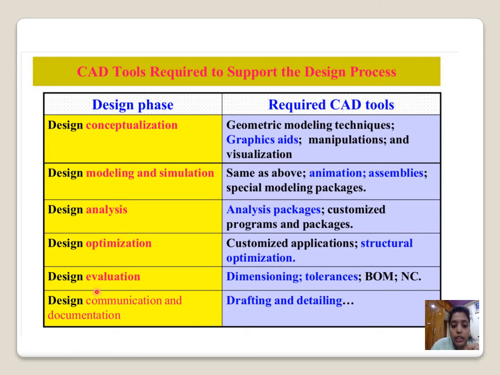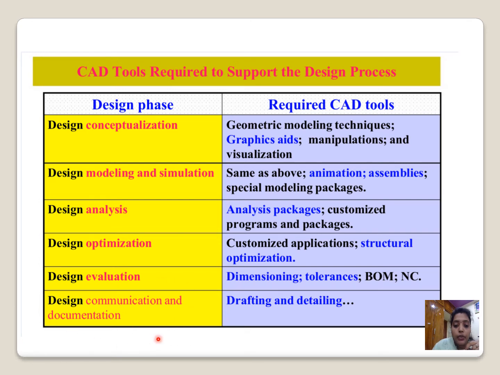In communication and documentation, we go through the customer requirement clarity and call the customer, and communication happens between the customer requirement and our manufacturing design, and we send that in the form of documentation.